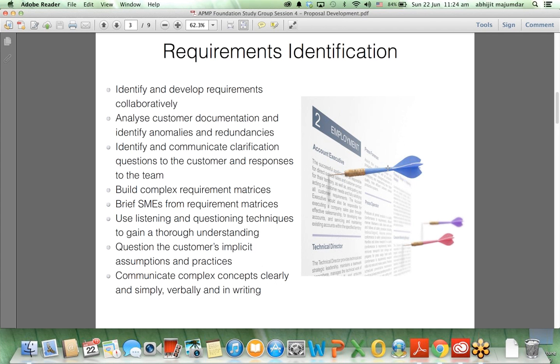Like I got an RFP a couple of months back in which the customer was asking for a managed service within their premises, and there was a question in the RFP about the security policies which you follow for securing the data in your data center.